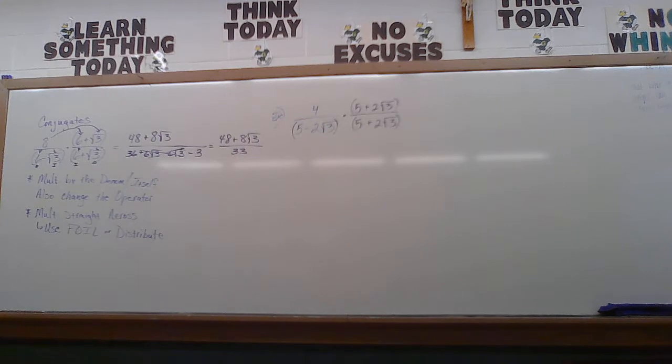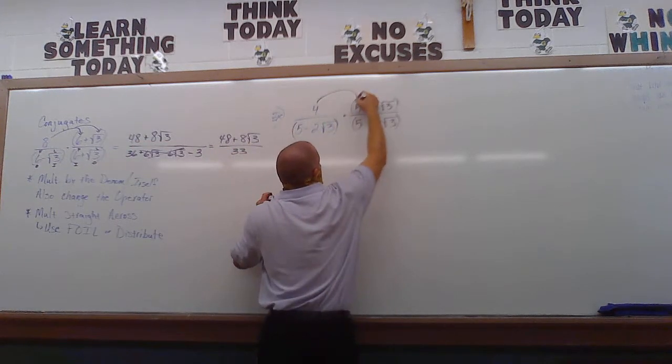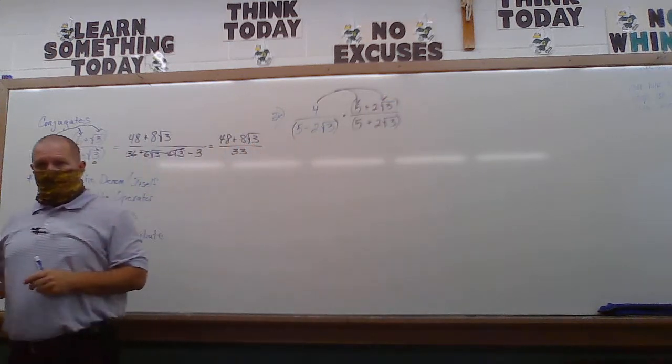Now, distribute across the top. Try it out, see what you get. Again, take this 4 times that term, and then the 4 times that term. See what you get.